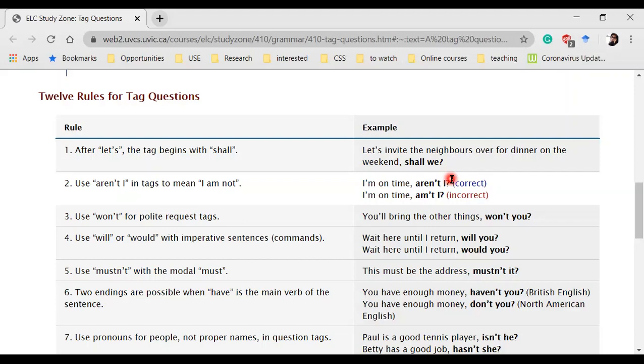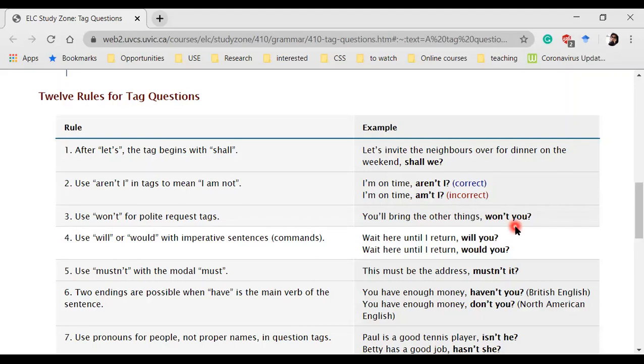Additional rules. Number three, you use won't for polite request tags. So when we have to make it a little bit more polite, when we're talking in a more formal context, we would use won't. You will bring the other things, won't you? We can say, will you?